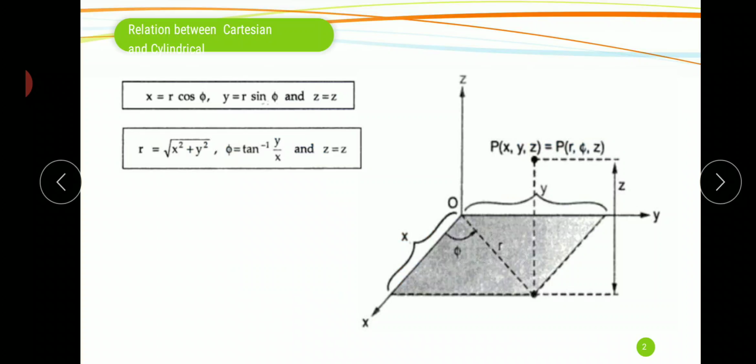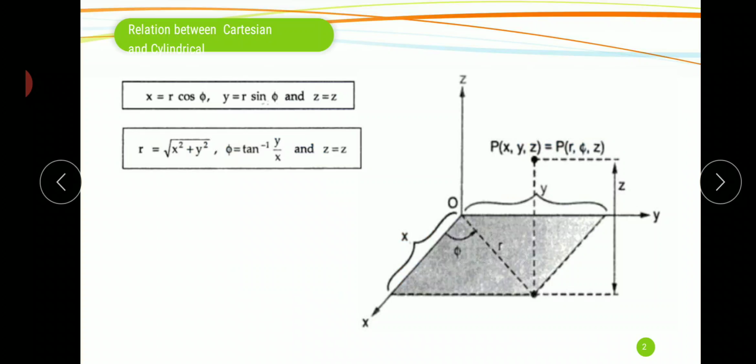And in the cylindrical coordinate system, the variables are r, phi, z. Here r varies from 0 to infinity, phi varies from 0 to 2 pi, and z varies from minus infinity to plus infinity.